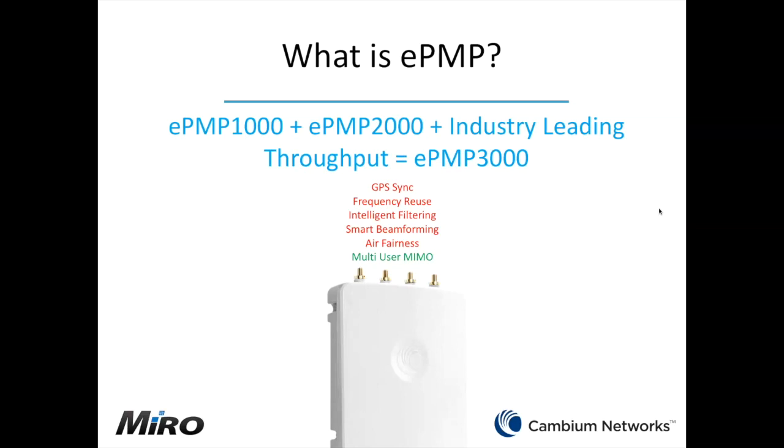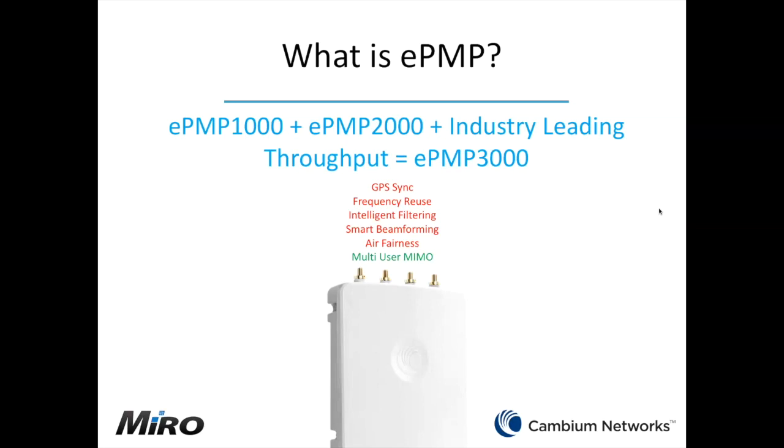Where they have pretty much built this up from is the two predecessors, the ePMP 1000 and the ePMP 2000, okay, whereby they introduced the 1000, which had the capability to handle up to 120 subscriber modules. They then introduced the 2000, which included things like GPS sync, frequency reuse, intelligent filtering, smart beamforming, and airtime fairness, okay?